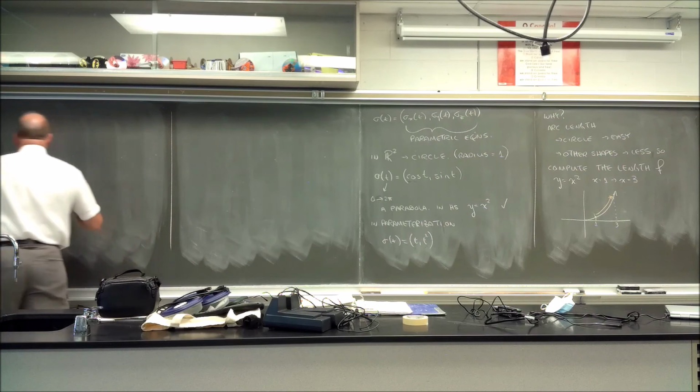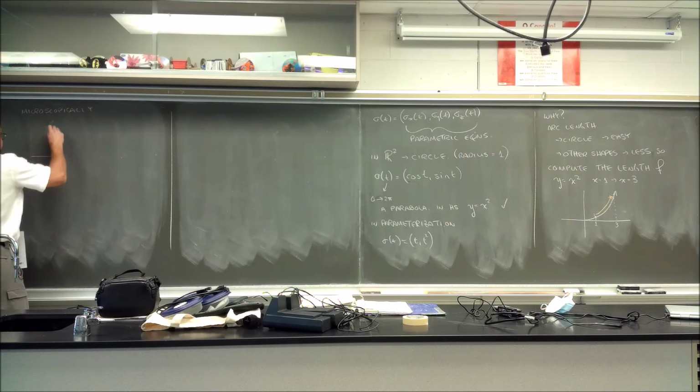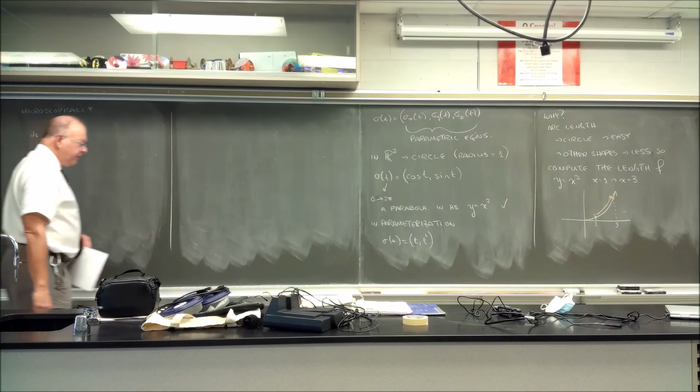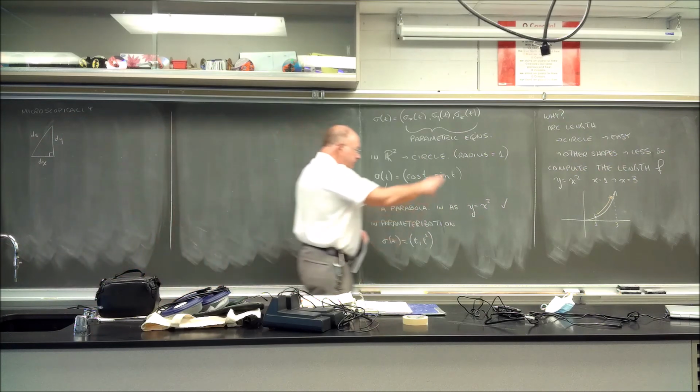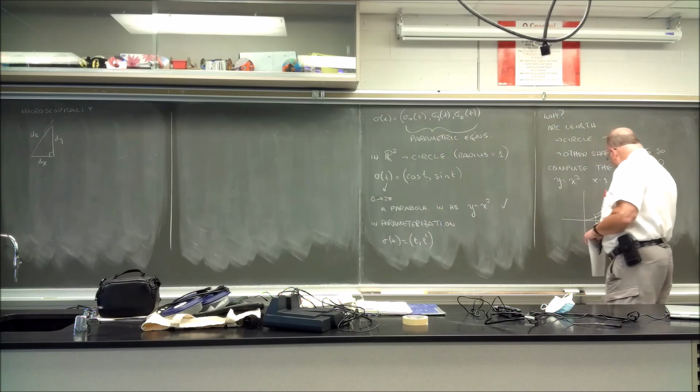Let's look at it microscopically first. So now we have a little triangle. So, and this is going to be ds, dy, and dx. And my function, my parabola here, this is a microscopic piece right here somewhere.